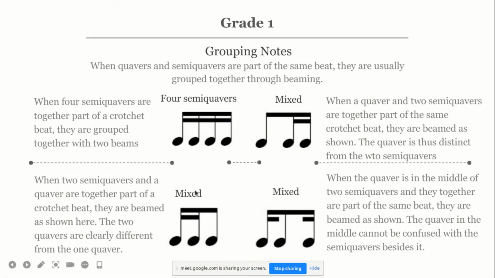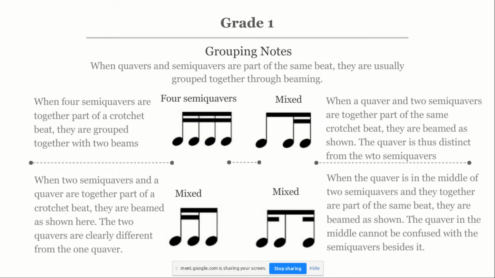And then you can see how the semiquavers are beamed together, showing the semiquavers, but they are also together with the quaver, and you can differentiate them very clearly. You cannot confuse and say that they are all semiquavers or they are all quavers. Notice how the beaming is done. And then we have a case where the quaver is in the middle of 2 semiquavers. In this case, the semiquaver will go halfway.